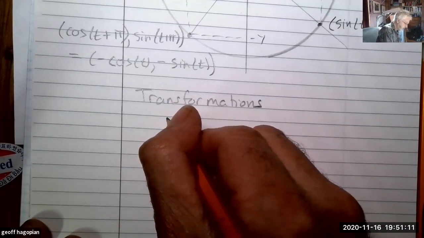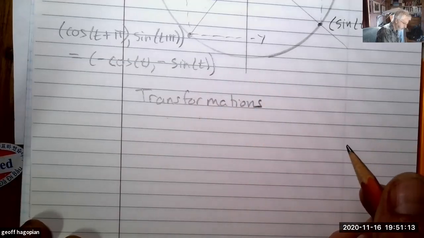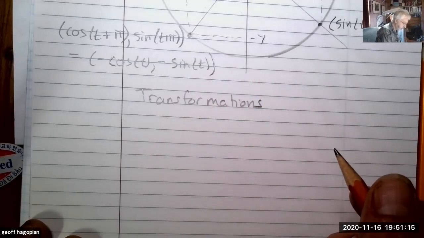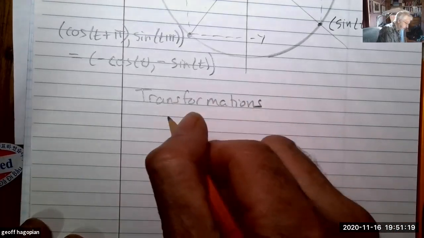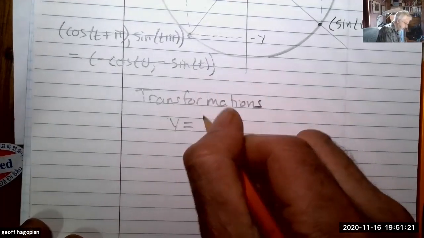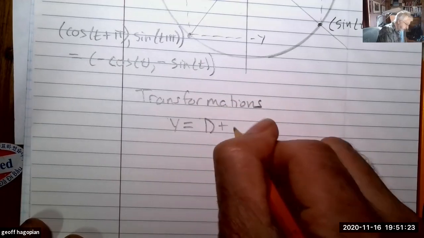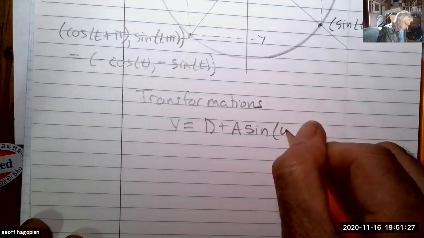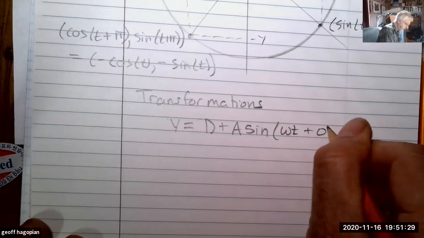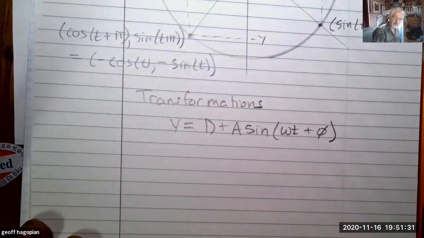You've got vertical and horizontal compression and expansion, and vertical and horizontal shifting, right? So y equals d plus a times the sine of omega t plus phi, sometimes we call that.